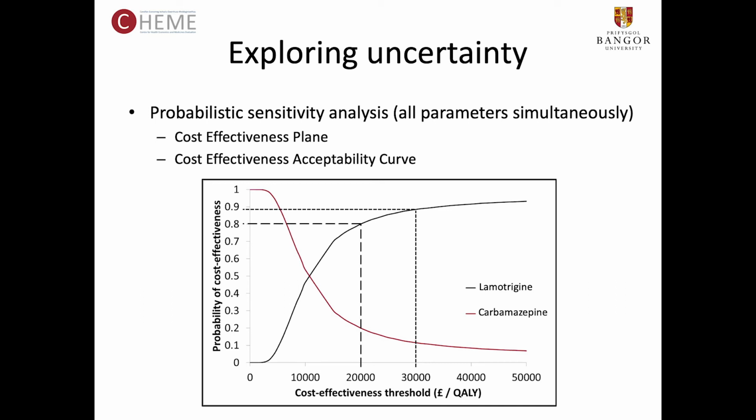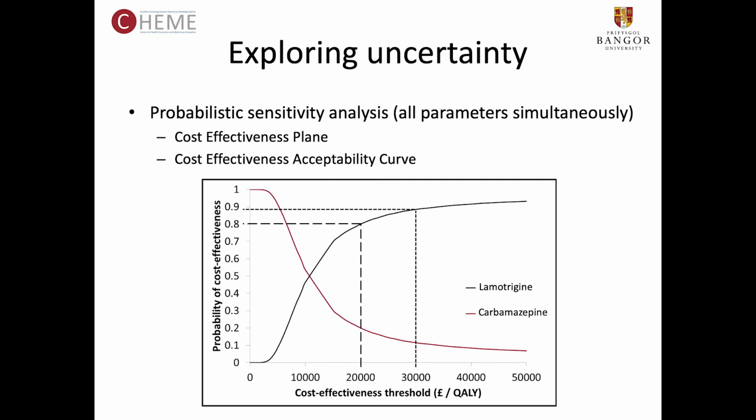If you had a lower threshold of £20,000, then there's a lower chance of it being cost effective, around about 80% chance of it being cost effective at that value. If society were prepared to pay £50,000 or more for a QALY, then there's a near 100% chance of it being cost effective.